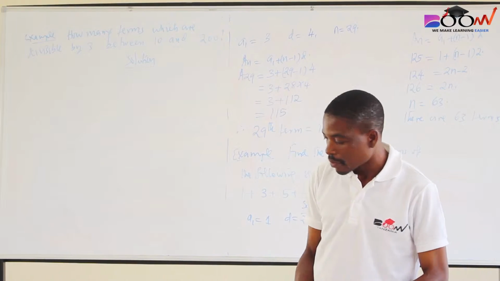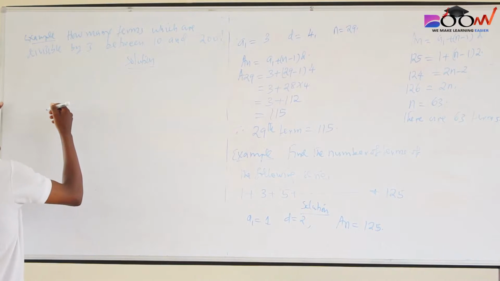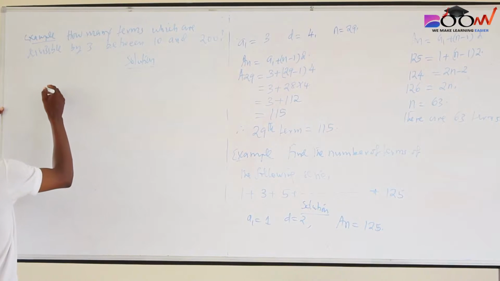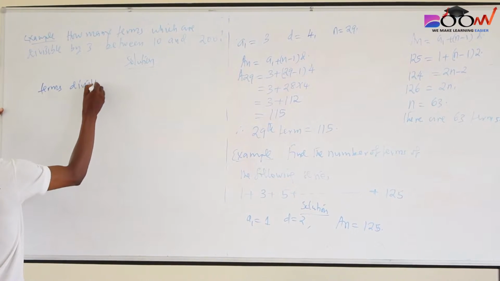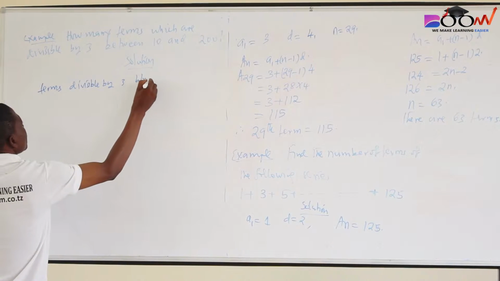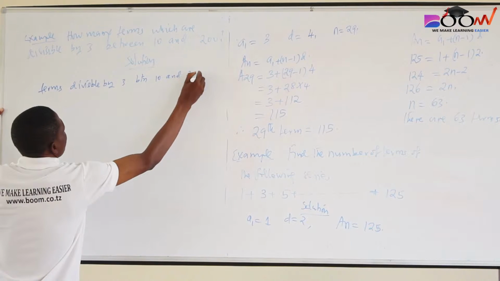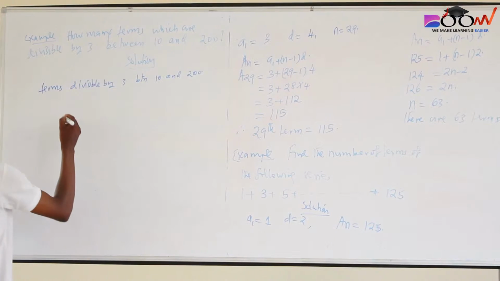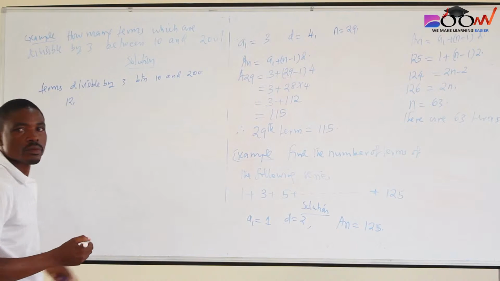Now, what I've done is first we have to look for the first number among the terms divisible by 3 between 10 and 200. The first one is 12, which is divisible by 3.